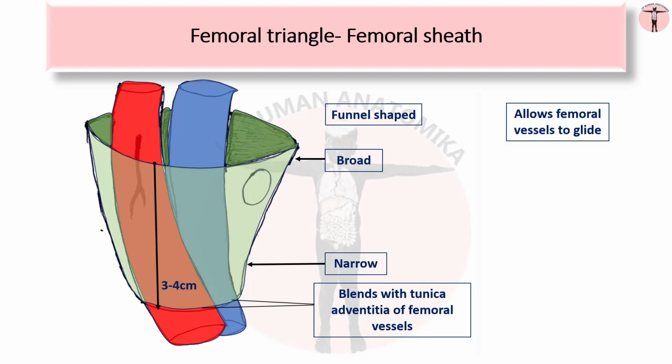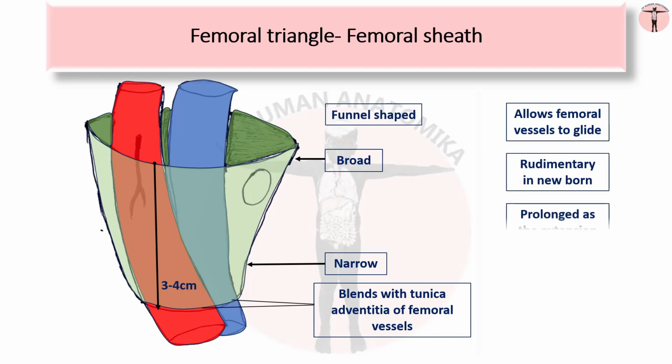The sheath is rudimentary in the newborn due to fetal position of flexion, but is prolonged below the inguinal ligament when the extension of thigh becomes frequent and habitual.